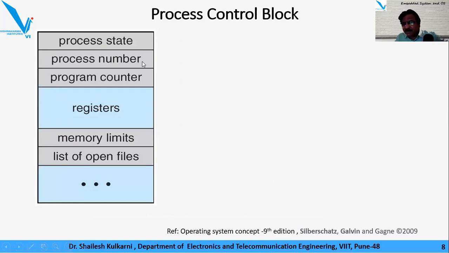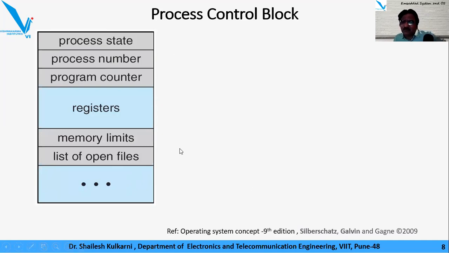The process number, which we call the process ID, PID, would be there as one of its attributes. Then the program counter, whose value would always be there. The different registers will also be in a process control block. You have memory limits defined for that process, the list of open files, and all that will be there. This is the general flow of what process control blocks contain.